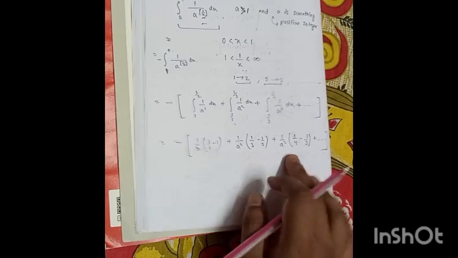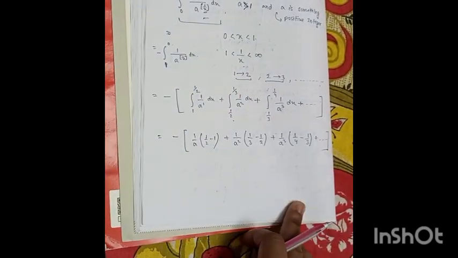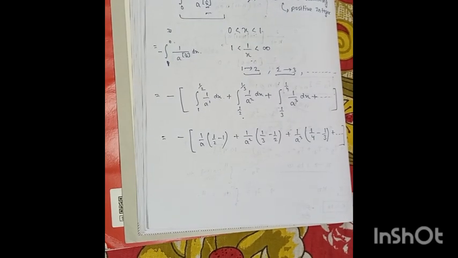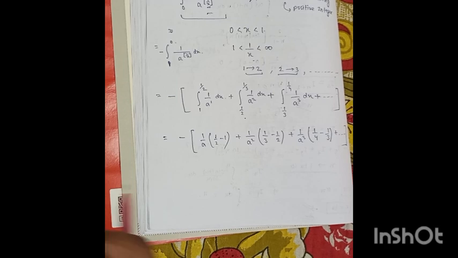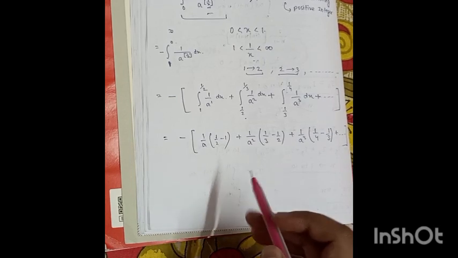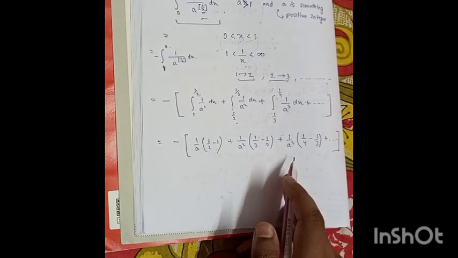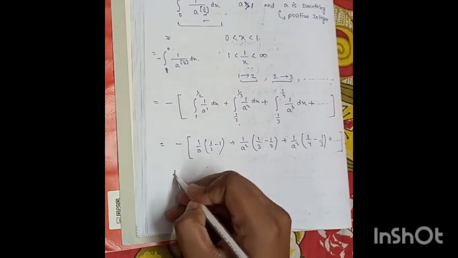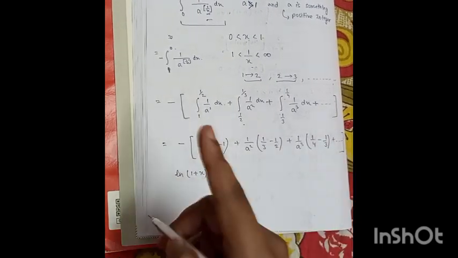We need to solve this series to get our required answer. Now how do we solve this series? As we can see, the question displays the options in logarithmic terms, so we have to create a logarithmic term here. But how can we create a logarithmic term here? We know the expansions of log of 1 plus x and log of 1 minus x.